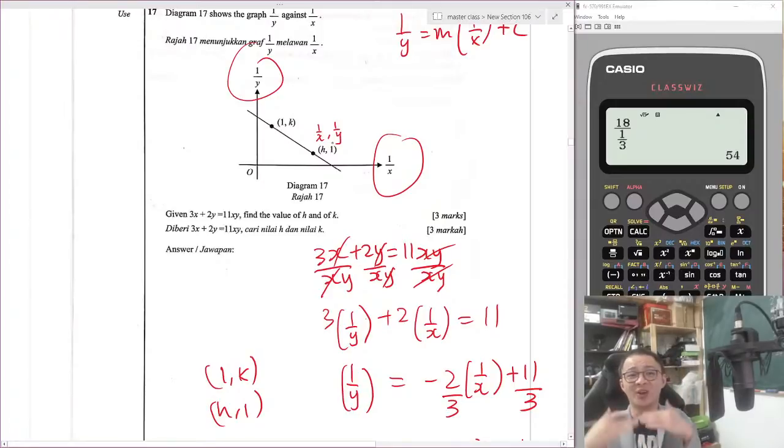It's no longer the x-axis and y-axis. So when you do this kind of question, you must be extremely careful. A lot of students will think, I want to sub 1 and k, very easy, I sub the 1 over here and the k like this. Then the whole question becomes wrong. Okay. Next one.